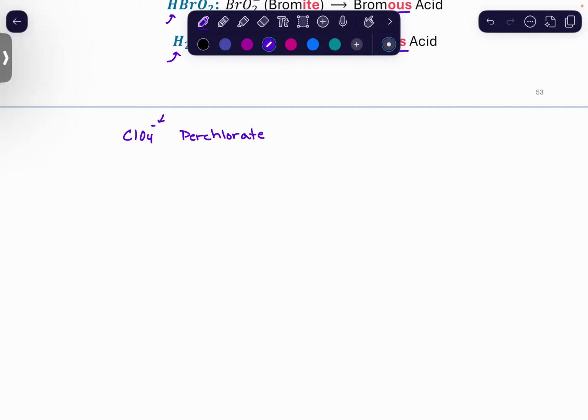It has a -1, so it can take a maximum of 1 proton, HClO4. And so the ATE becomes IC. This is per, so I still bring down this prefix, perchlor, I get the base of the word, ic acid, perchloric acid.